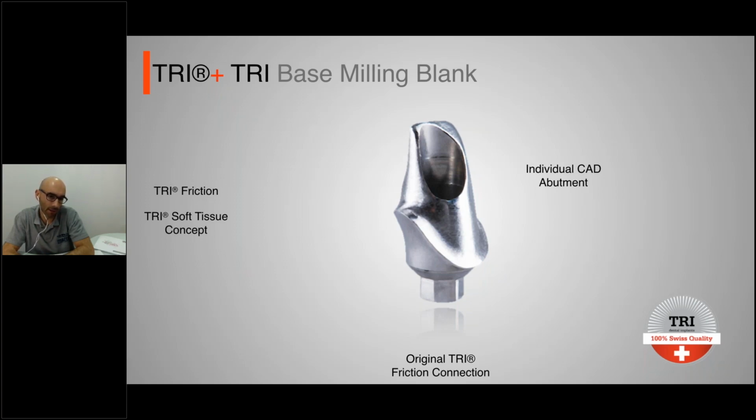So you design your soft tissue part and the upper part of the abutment through the CAD, and then when you put it in the milling machine, they don't touch, they don't have any influence on the lower part where you have the original 3 friction connection, but they mill only the upper side. Of course, this is available only with this titanium blank. It's not possible to do this with zirconia.